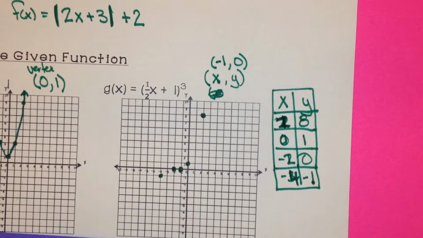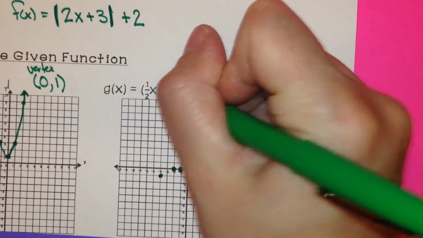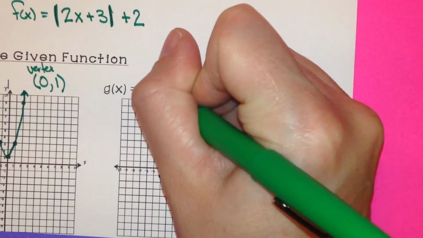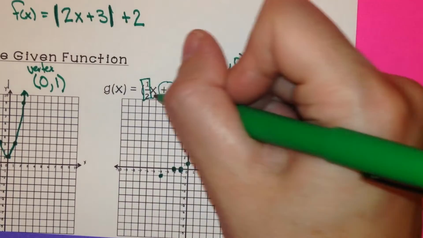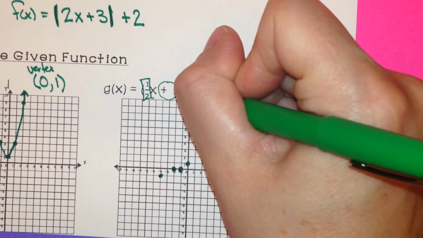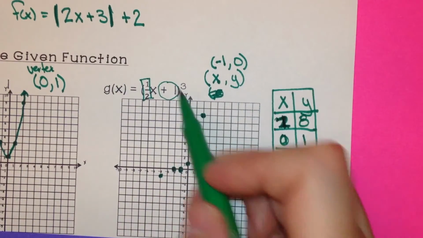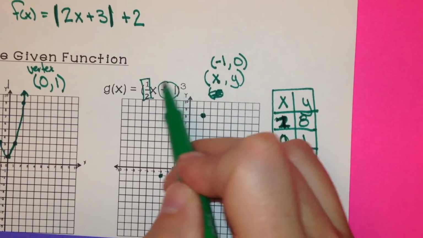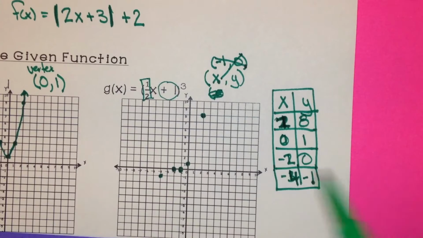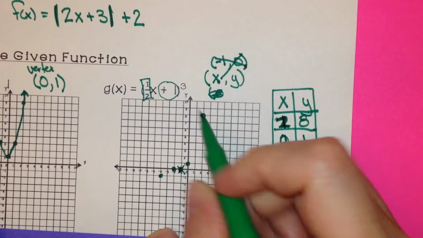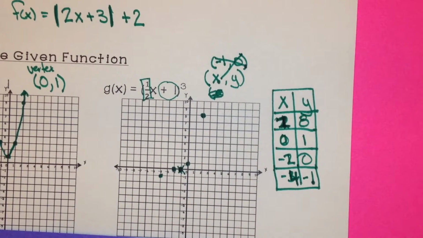Oh, so we can identify that because we had our horizontal stretch of 1/2, we actually had to take that into account before we found the vertex. So I'm going to take this vertex out because that isn't the vertex.